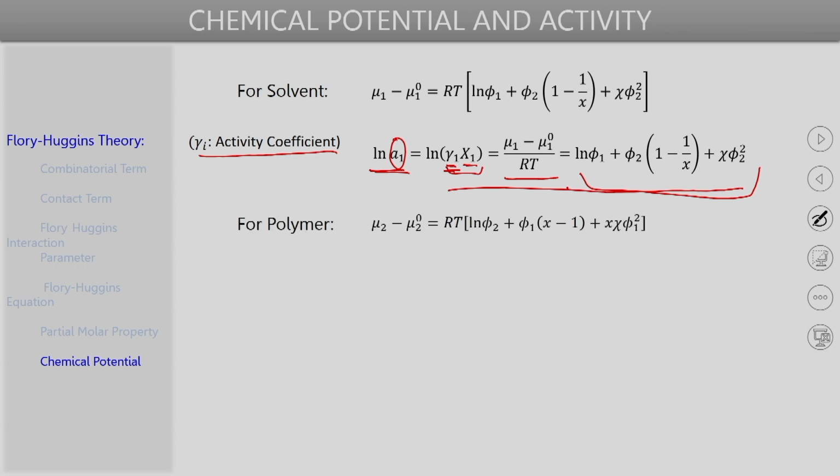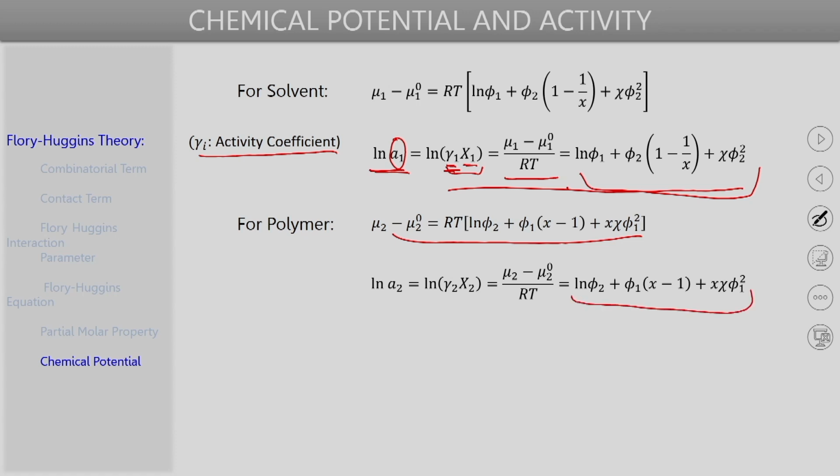Similarly, we can do a similar kind of derivation for the polymer, which we have not shown. Following similar steps, one can get this expression for the polymer, and again the activity and activity coefficient can be obtained from the chemical potential difference, and that comes out to be what is shown here.